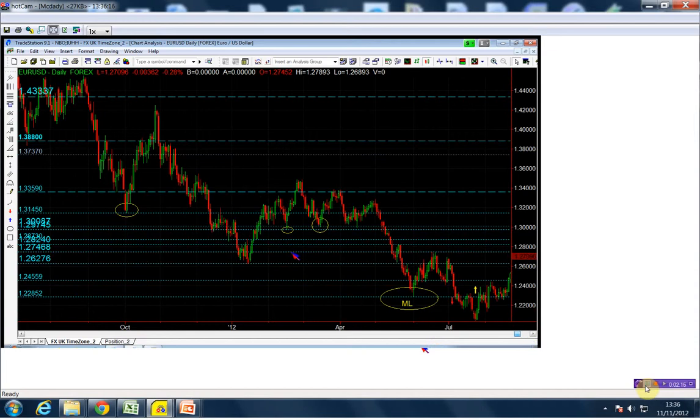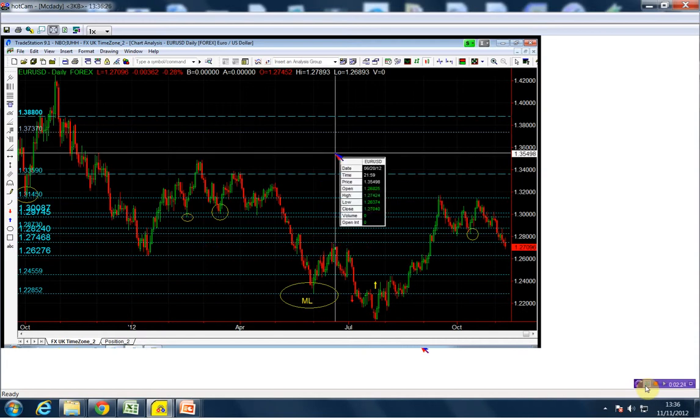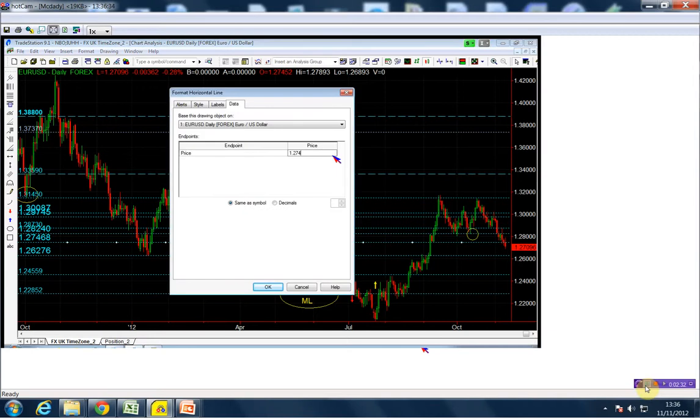I don't see the 127.46 anywhere, so oh, it's right there. 127.42. It's important, guys, to always put an ellipse where you identify something, otherwise you can keep on looking for it all over the place.